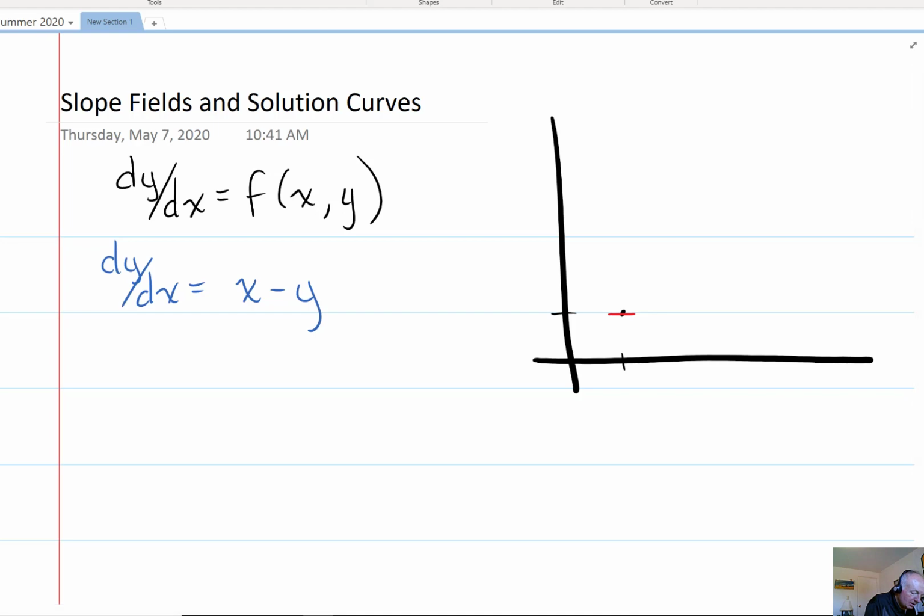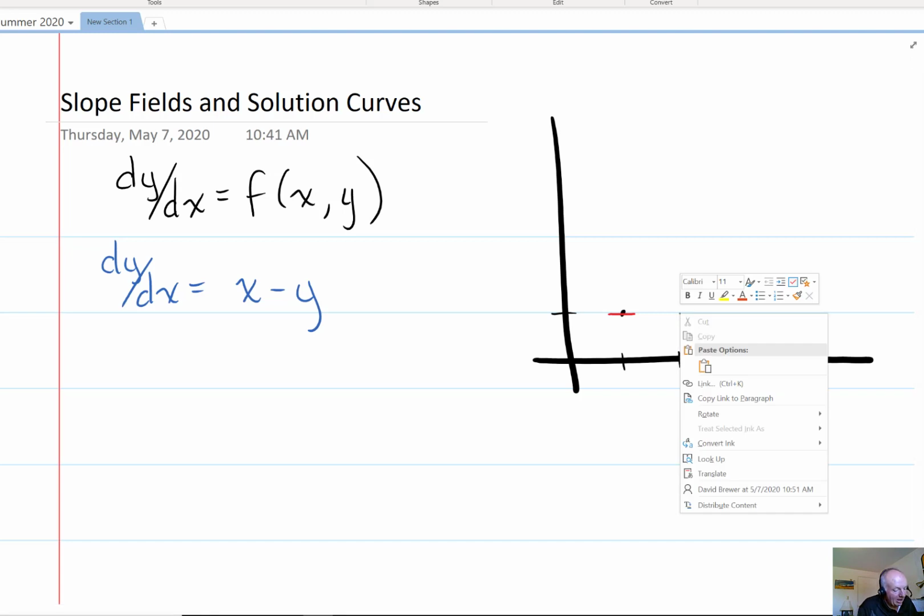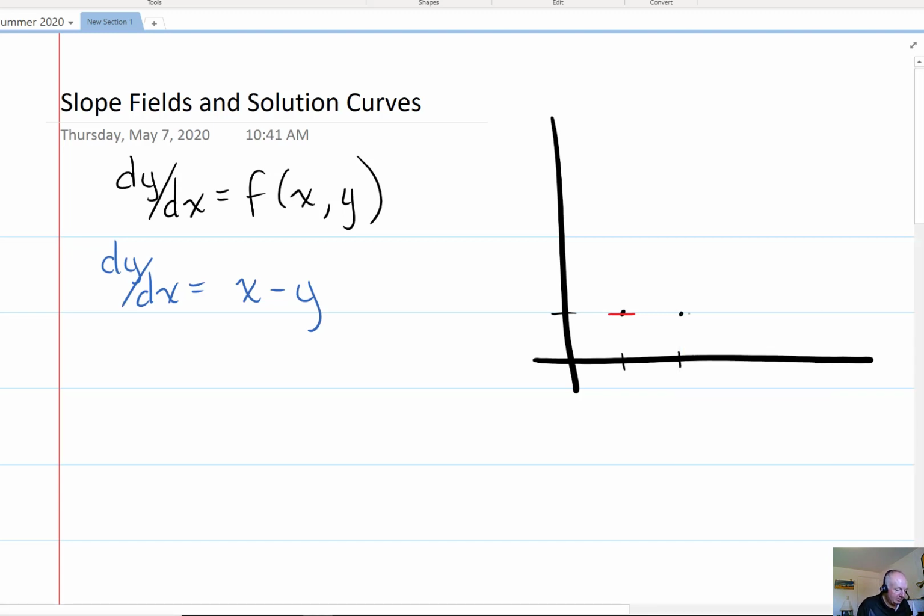So let's look at, say, the point (2, 1). What's the property that the derivative of the solution has at that point? In other words, what's dy/dx there? Well, that's the point (2, 1), so 2 minus 1 is 1. So at that point, the solution curve has to have a slope of 1, about a 45-degree slope.